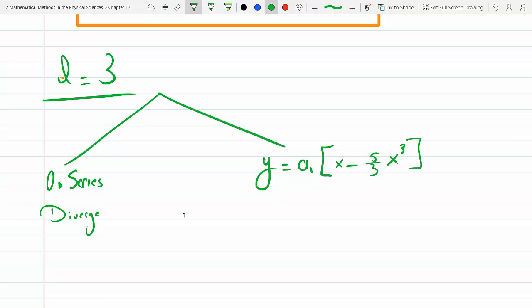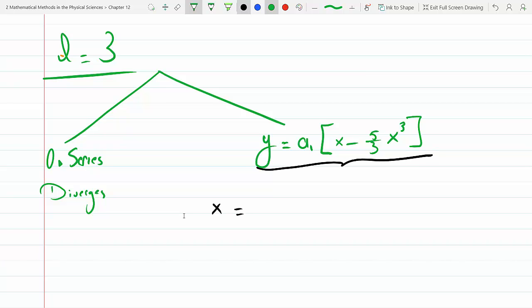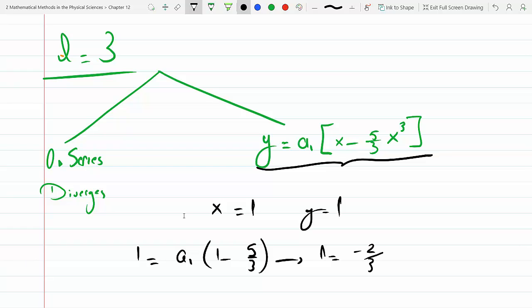So now I go here and solve for A1 using x equals 1, y equals 1 and plug it in. You get 1 equals A1 times 1 minus 5/3, so 1 equals minus 2/3 A1, which makes A1 equal minus 3/2.